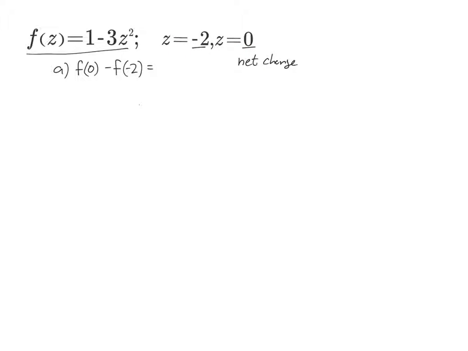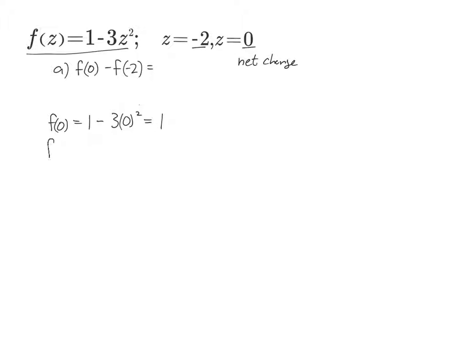the beginning point. So I know that f of 0 is going to be, and if I plug 0 into here, we're going to end up getting 1 minus 3 times 0 squared, which is just 1. So f of 0 is 1.